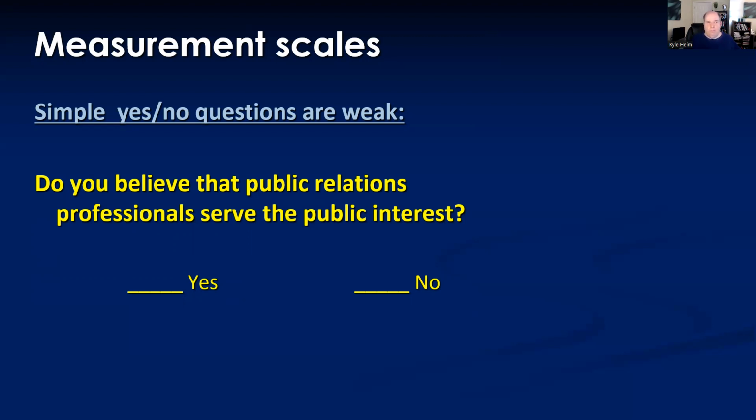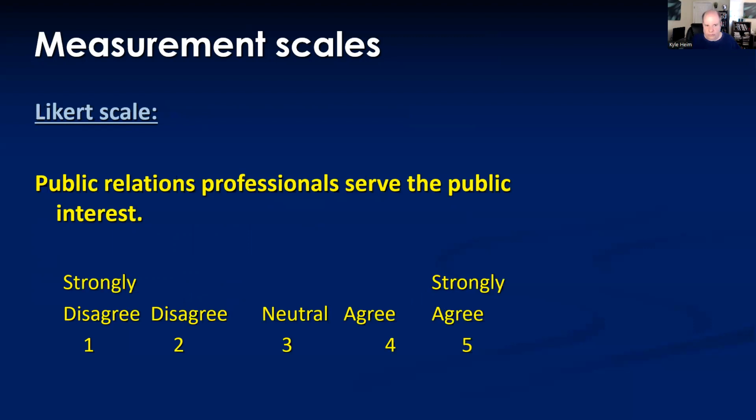So you might instead pose it as a Likert scale question. So what is a Likert scale? I believe it is named after the person who invented the scale. It is when you give people a simple statement or a series of statements in the form of a declarative sentence, and then they have to rate their level of agreement on a scale that goes from strongly disagree on one end to strongly agree on the other end.